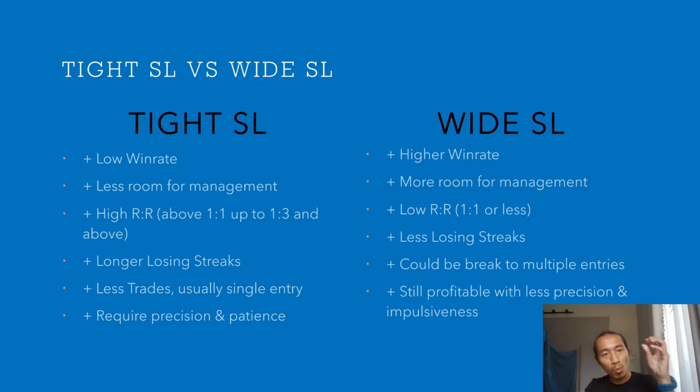So when I talk about this, I want to give you an option to really reconsider how to place the stop loss correctly, because it's just all about low time framing, tight stop loss. And when I talk about wide stop loss with low risk reward, I mean it usually has a low risk to reward.